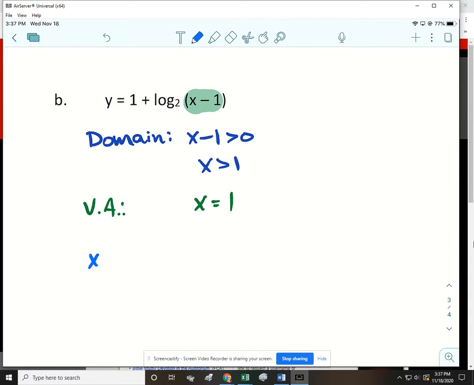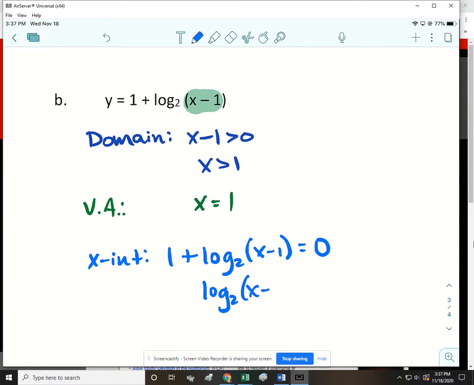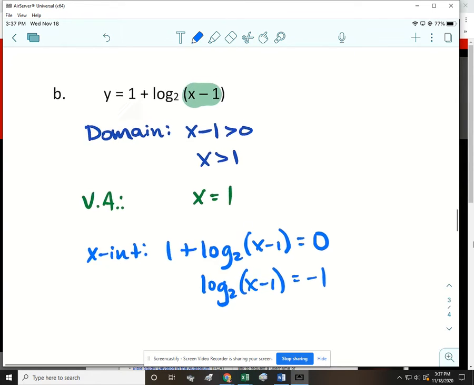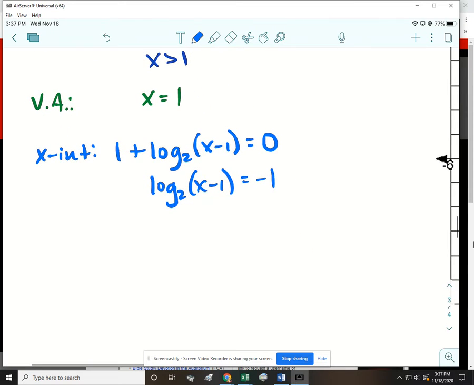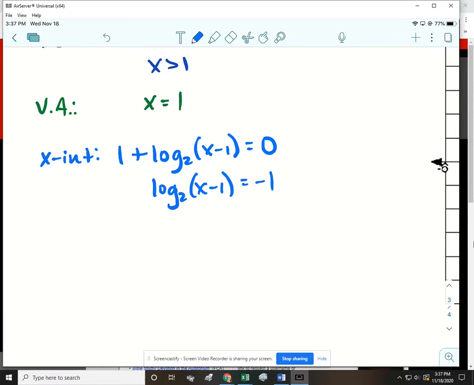All right, and then for our x-intercept, we're going to take our function and set it equal to 0. Okay, and then we'll subtract that 1. And we'll go ahead and do that loop.